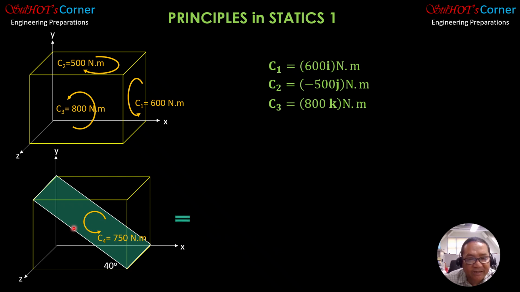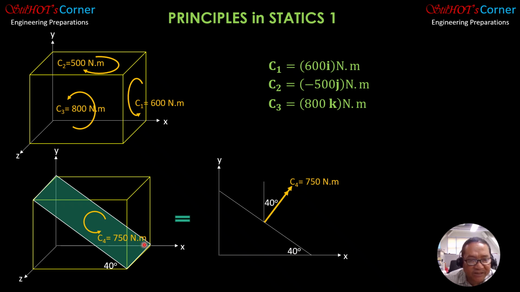So this system is equivalent to this. This is couple 4 and the magnitude is 750 Newton meter. As I said, your right thumb should be pointing in that direction perpendicular to this plane here so that your forefingers will curl in the same sense as here.